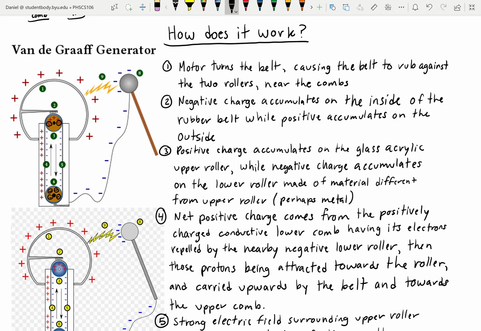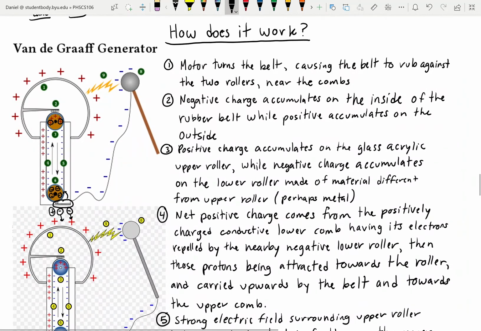And what's happening is, as the belt is rubbing against this roller and accumulating this negative charge, this conductive comb right here, which had positive and negative charges, is having all of its negative charges repelled because it is right next to the lower roller, which has an accumulation of negative charge, and it's starting to accumulate a very large positive charge on the comb because of the repelling of electrons, and these positive charges are attracted to the lower roller because it has a net negative charge.